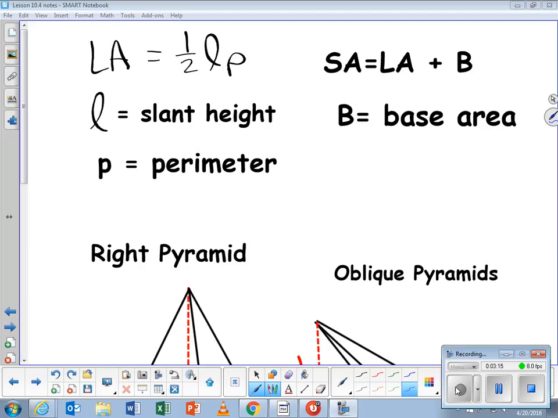The formulas now, the lateral area formula is a little different. It says 1/2 LP. L is the slant height. And P is the perimeter. Okay, in a pyramid, all the sides are triangles. And so the formula is going to look like the formula for a triangle.